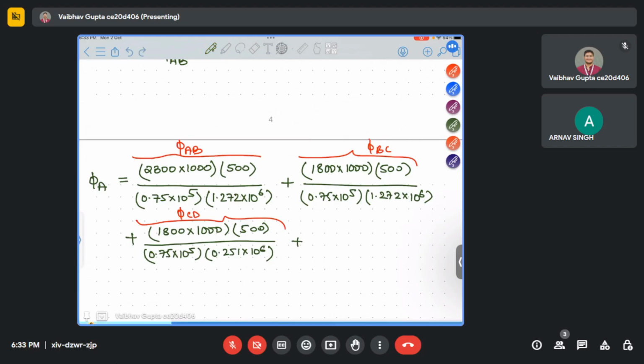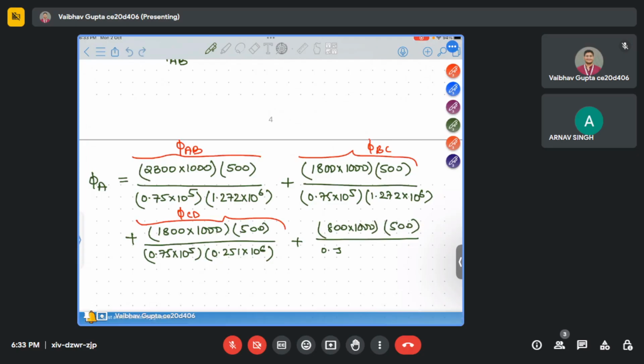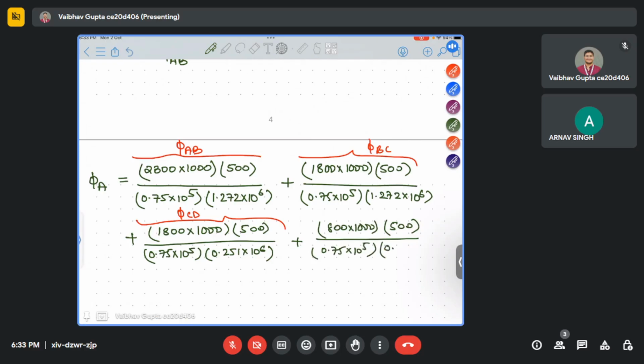So for phi DE, torque is 800 into 1000. Length is 500. Mu is 0.75 into 10 to the power 5. And JDE is similar to JCD, 10 to the power 6.